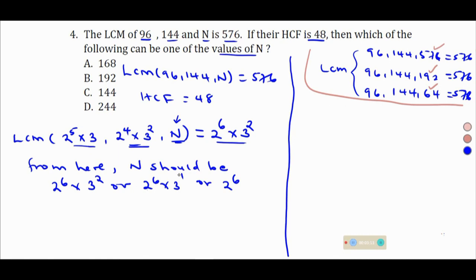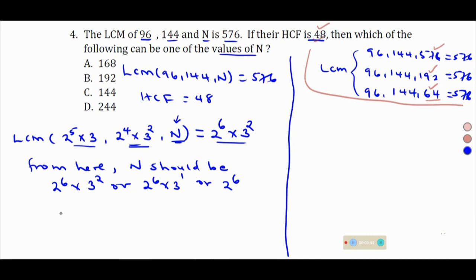Now, from all these given alternatives, we need to also take in consideration the given highest common factor. So if the highest common factor is 48, will 576 satisfy, will 192 satisfy, or will 64 satisfy this given highest common factor?